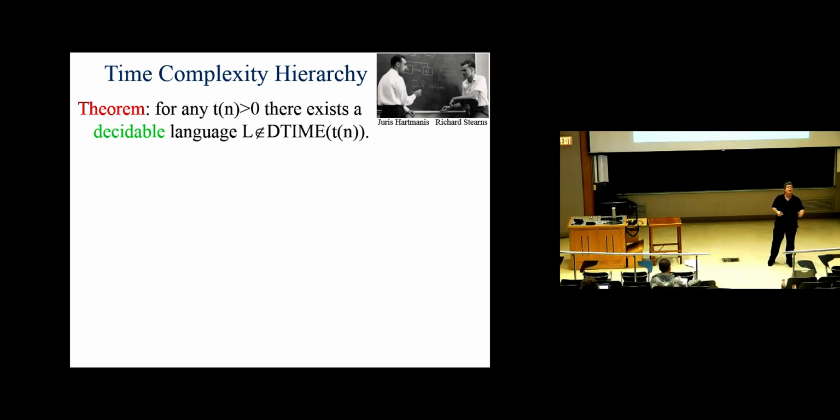You can define all these classes. But that doesn't mean that they're all proper supersets of the lower classes. Maybe nothing requires more than exponential time. Even polynomial time, there's an infinite number of problems and languages that can be solved and recognized in polynomial time. And they're all different from one another.